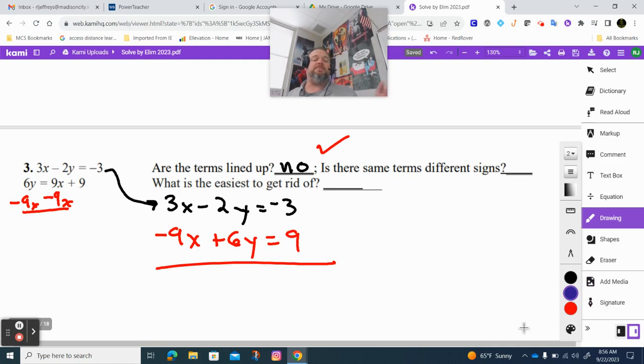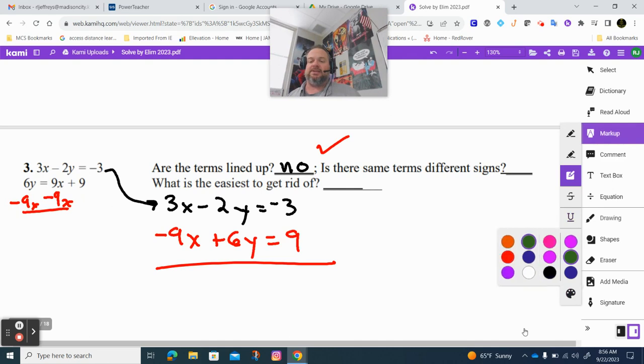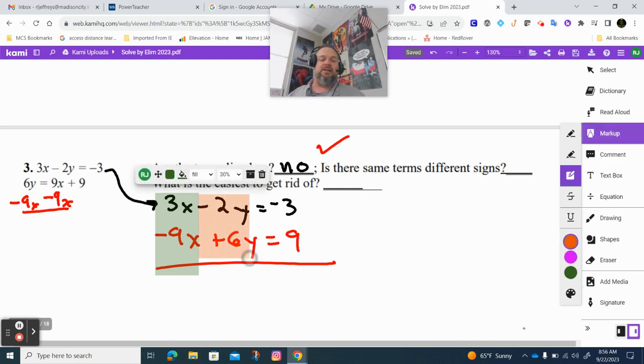Do we have same terms, different signs? Well, if we look at our x column, we have different signs, but not the same term. If we look at our y column, kind of the same thing. Again, we have different signs, but not the same term.